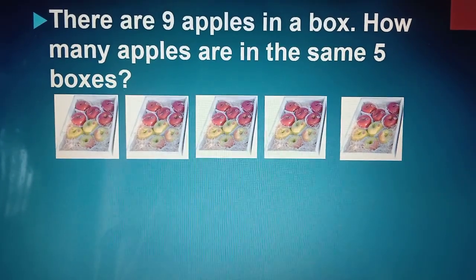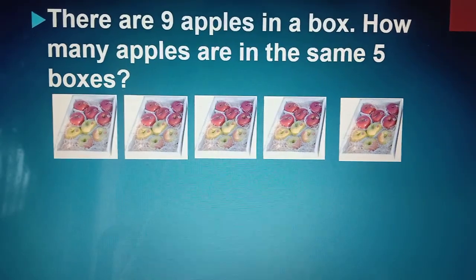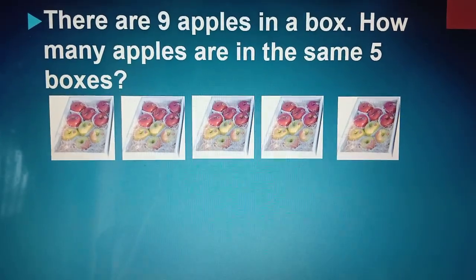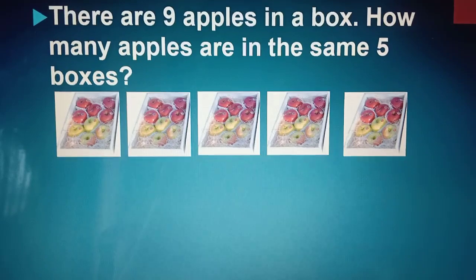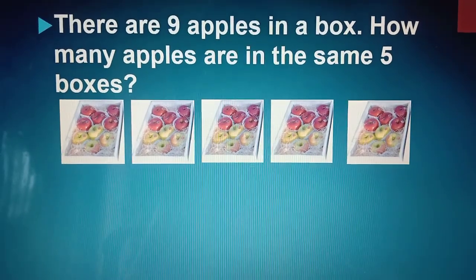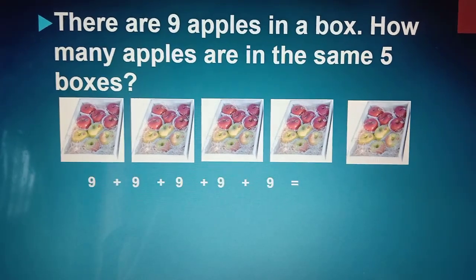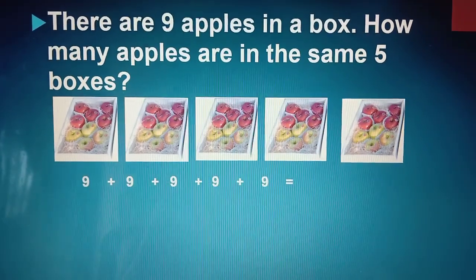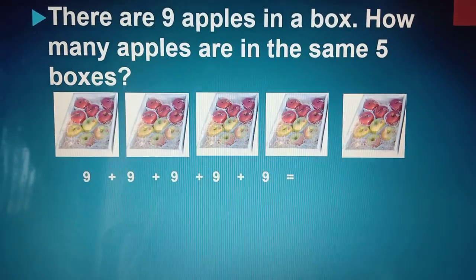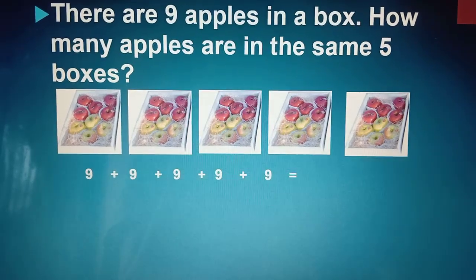They want you to find how many apples are in the same 5 boxes, isn't it? If you want to find the total, what will you do? Usually we will plus 9 plus 9 plus 9 and plus 9, 5 times, and you will get the answer 45.